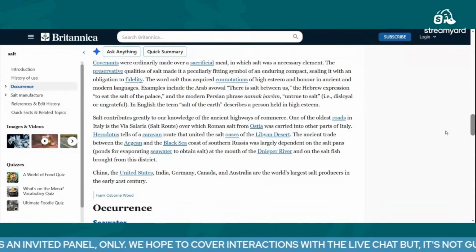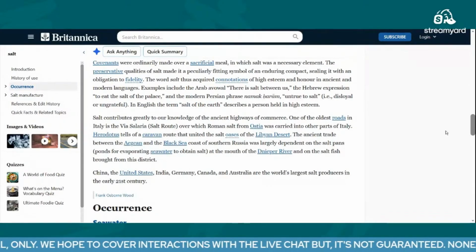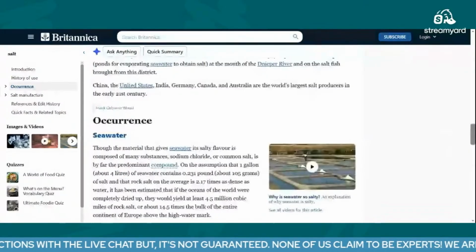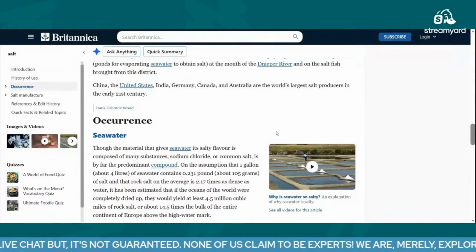China, the United States, India, Germany, Canada, and Australia are the world's largest salt producers in the early 21st century.